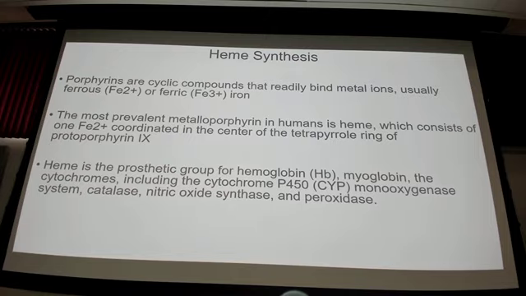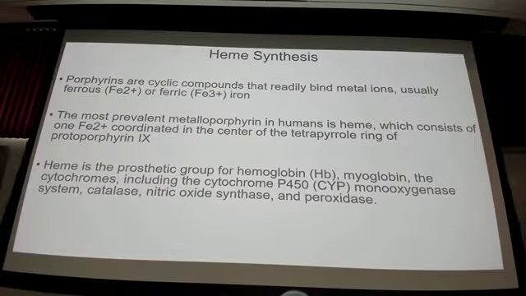Heme synthesis: we know heme is a major component of hemoglobin. Heme is also a prosthetic group for the cytochrome P450 enzyme and a number of other enzyme systems in the body.